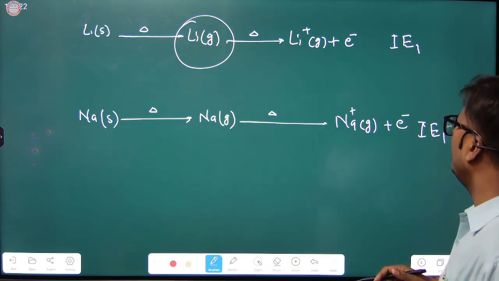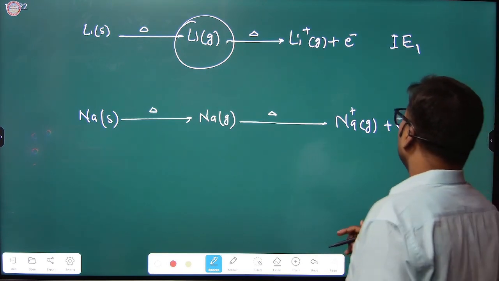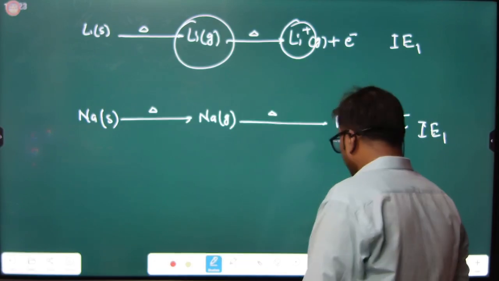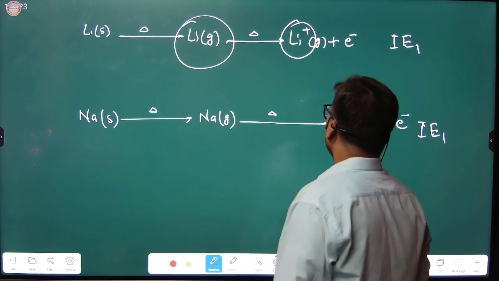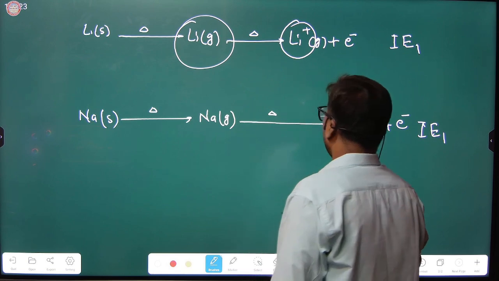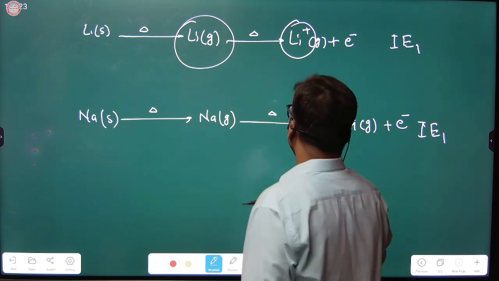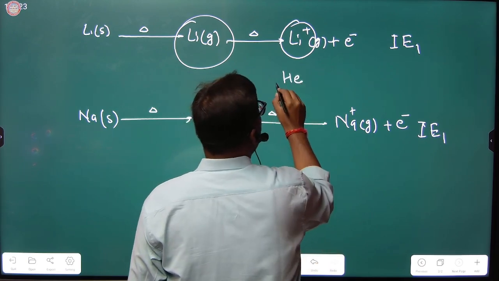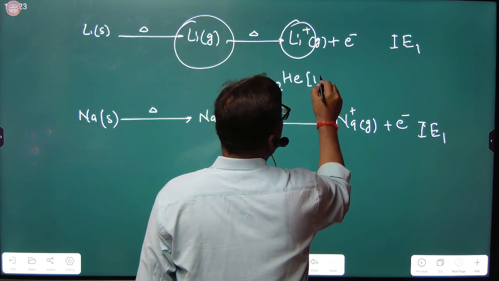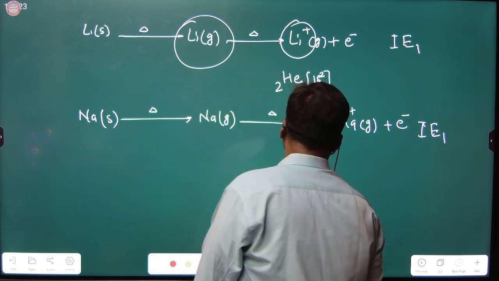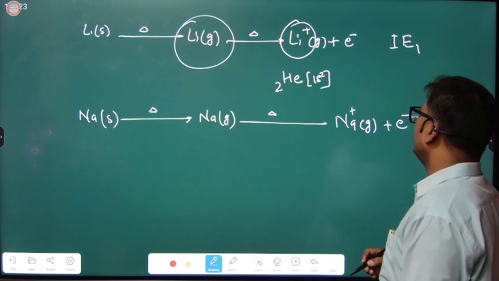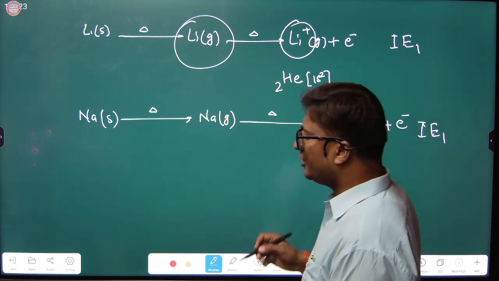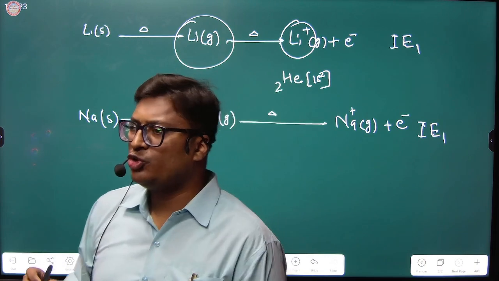So what is the beauty of this cation? This Li+ cation, what is its structure? Its structure means here only two electrons, which looks like helium, right? Helium has an atomic number of 2, so it has electronic configuration 1s2. This is the electronic configuration of Li+, and helium is the noble gas which has a closed shell.